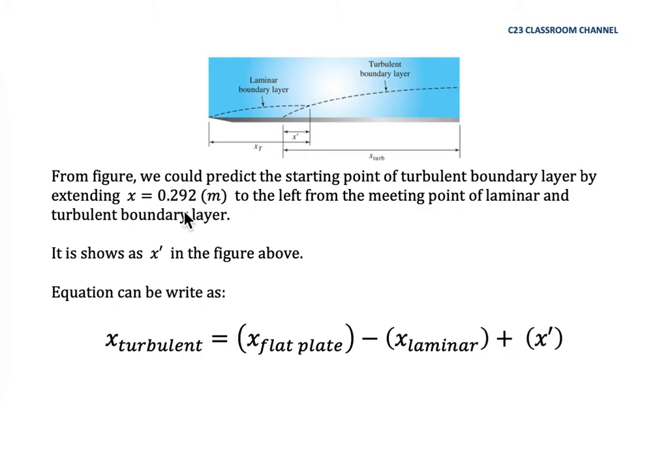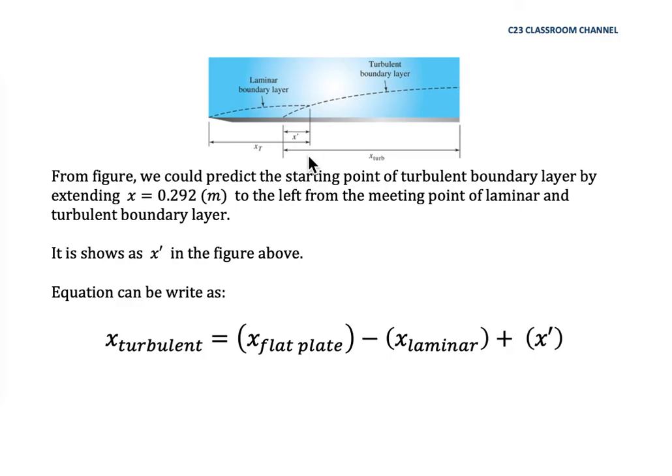So what does it mean? It means that from this point, we need to extend by the value of x, 0.292 meters. At this point, the turbulent boundary layer should have started.